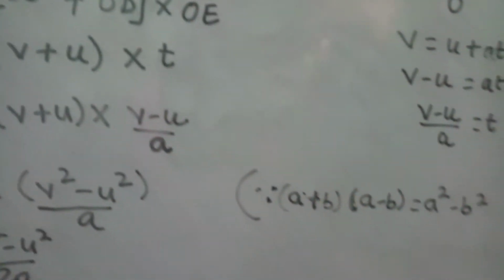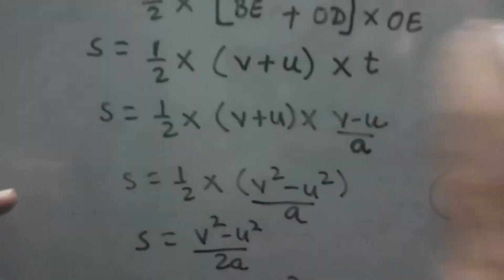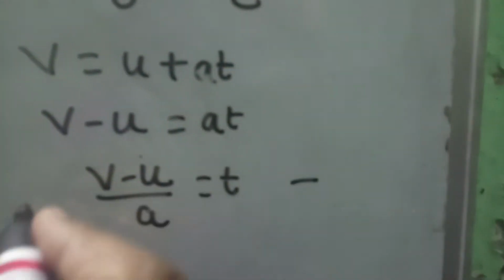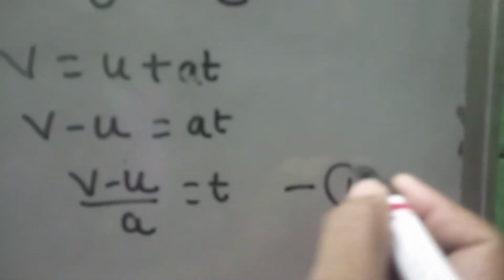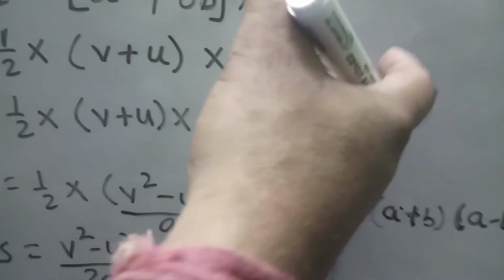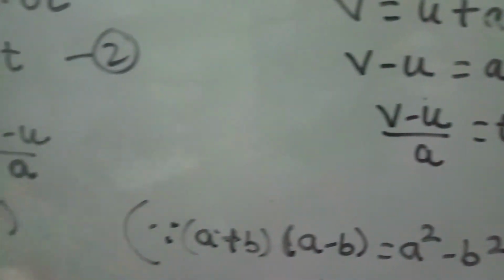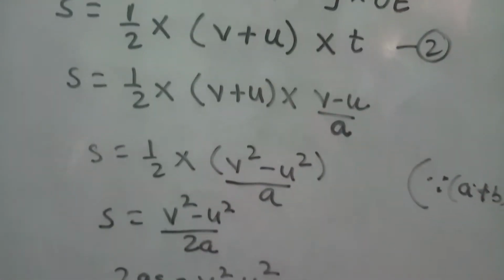So what I have done, I have written one line here. This is equation 1 and this is equation 2. Even if you want to write equation 1 here or 2 here, that will be no problem, but write it in a proper way.